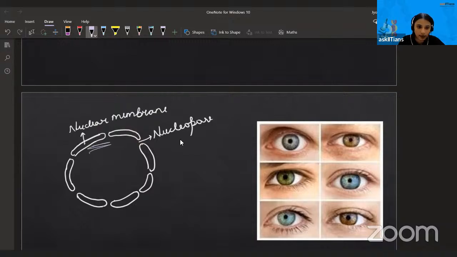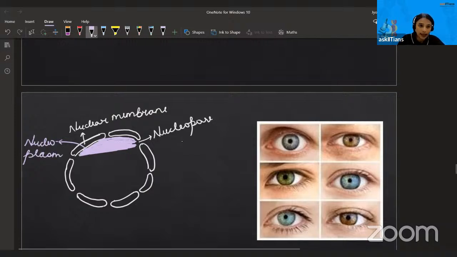This jelly-like material, which is present inside the nucleus, sorry, not inside the cell, inside the nucleus, is known as nucleoplasm.